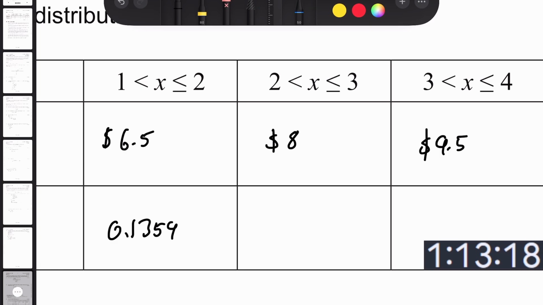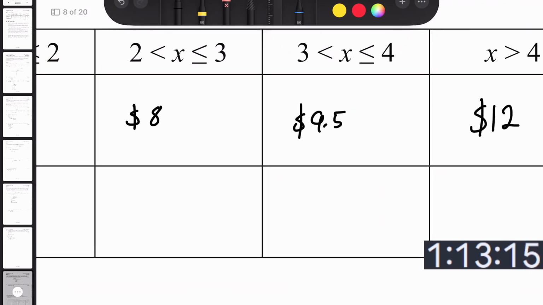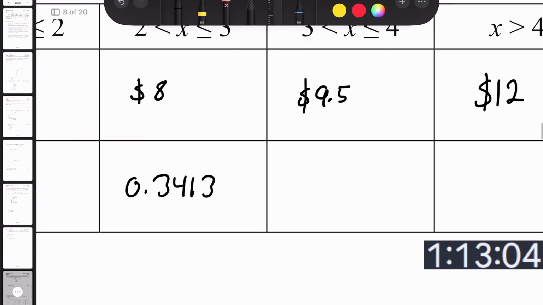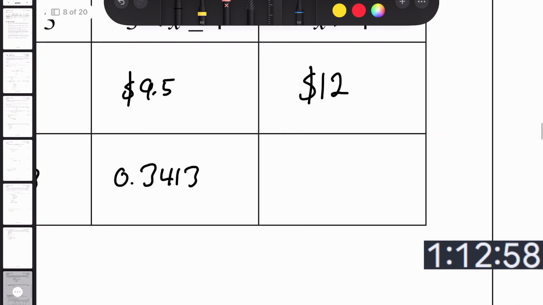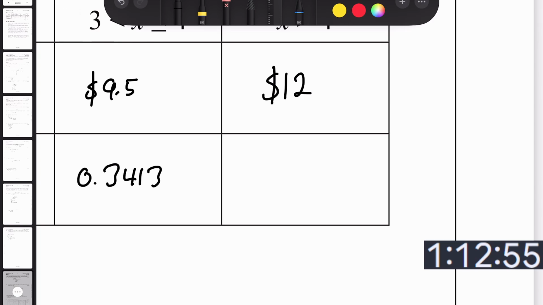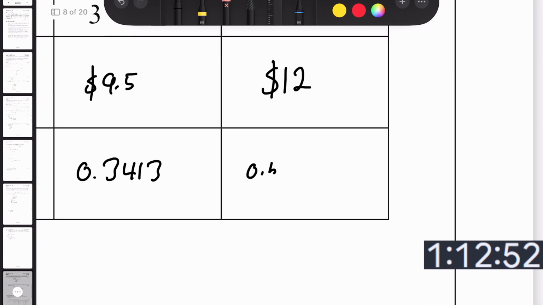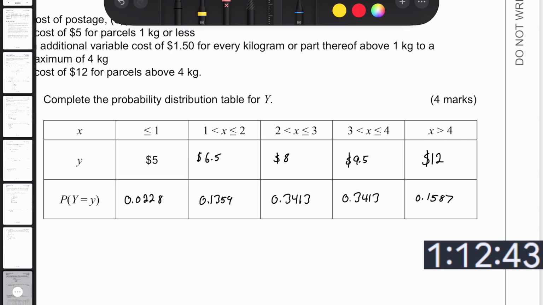Next is 2 to 3, 0.3413. Next is 3 to 4, again 0.3413, and then above 4 is 4 to infinity, which is 0.1587. If I sum all these up, 0.0228, 0.1359, 0.3413, 0.3413, 0.1587, I get 1.